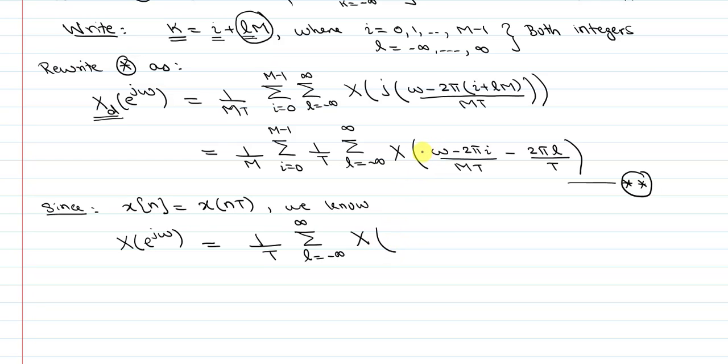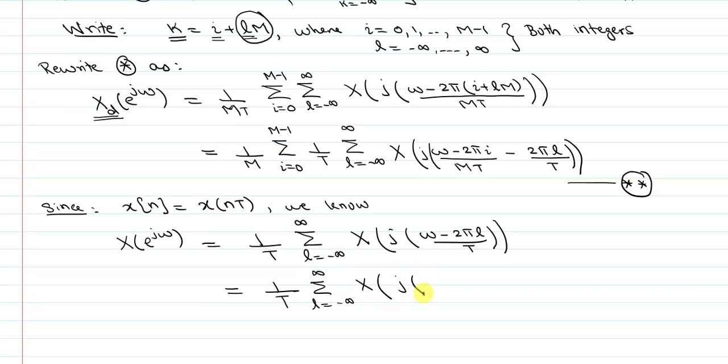It is the sum of X(j(ω minus 2π l) over T), which is equivalent to 1 over T, sum over l from minus infinity to infinity, of X(jω over T minus j2π l over T). I'm going to call this triple star.